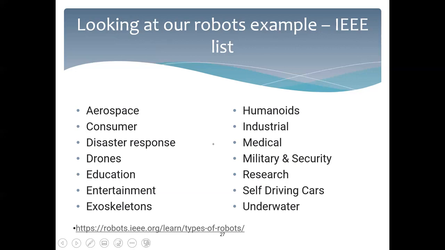So you could even, if you wanted to, change aerospace to transportation or something like that. Now, I would assume the aerospace would also include things like outer space robots and satellite robots and things like that.